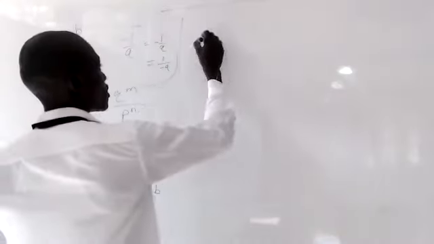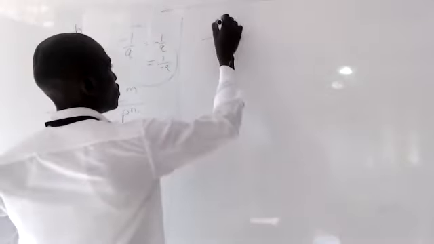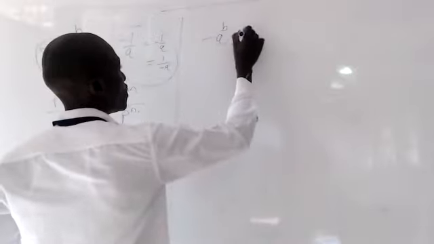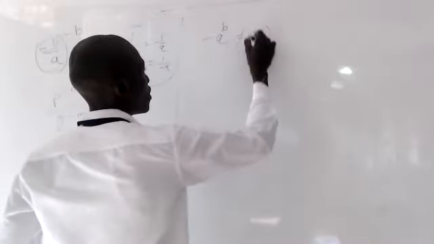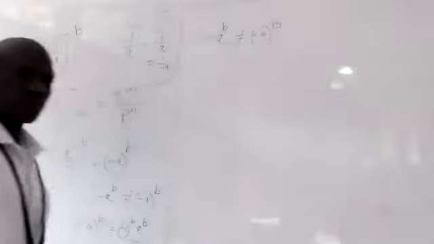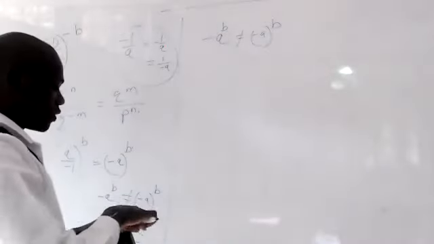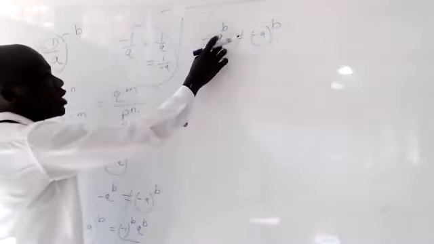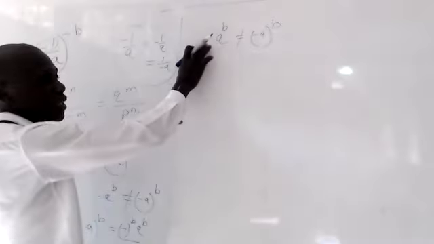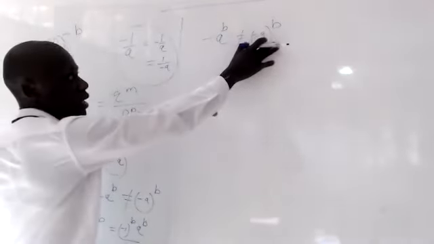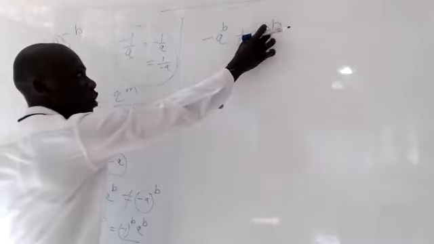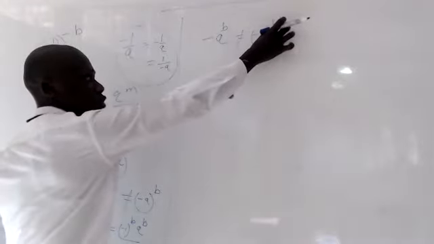I wanted to emphasize that when you write -a^b, this is not the same as (-a)^b, and I explained the difference. In the first instance, you raise this base to b and then take the negative of that. In the second instance, it is the whole thing inside the bracket that is raised to b.